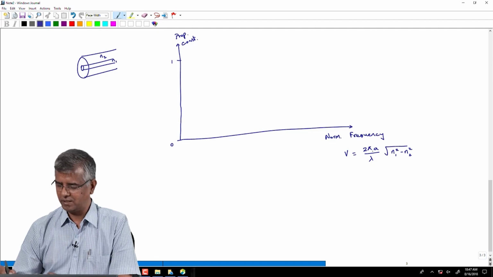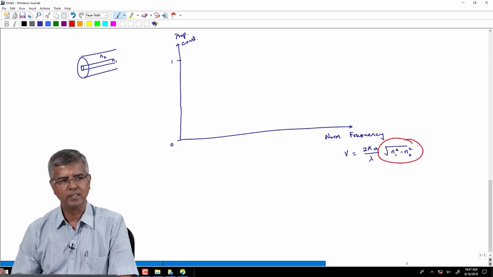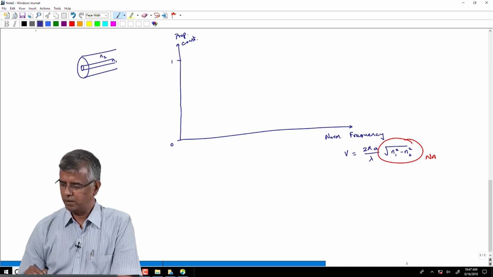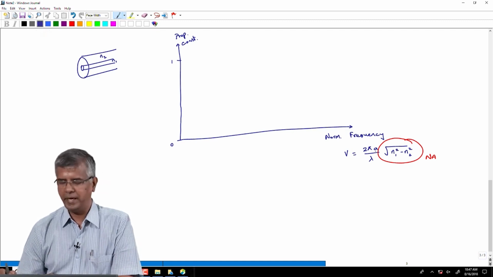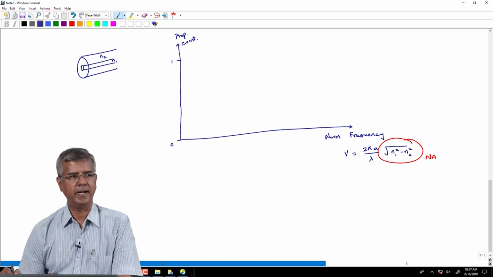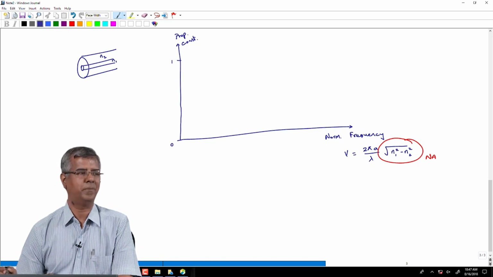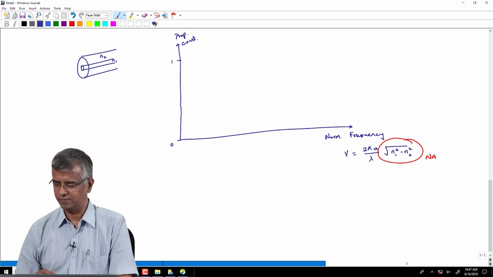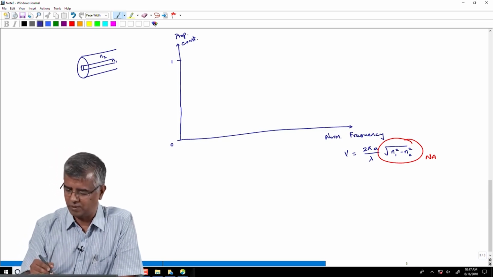Have we seen this before, root of N1 square minus N2 square? That is the numerical aperture, very good, right. So, you are familiar with that. And 2a, a corresponds to the radius, so 2a corresponds to the diameter, which we have mentioned as d in the previous picture, okay, and of course this is a function of lambda.